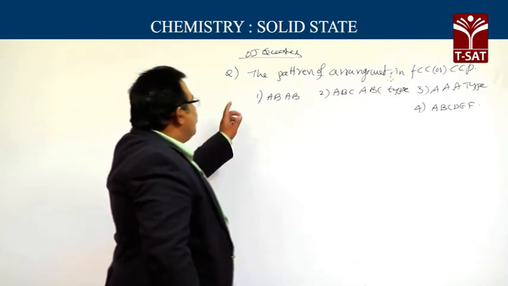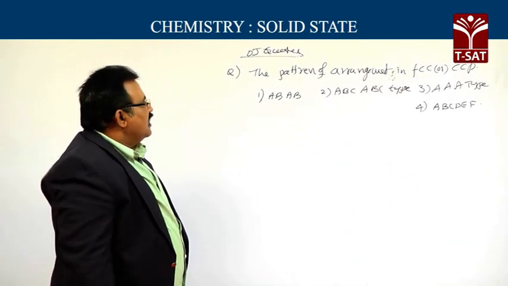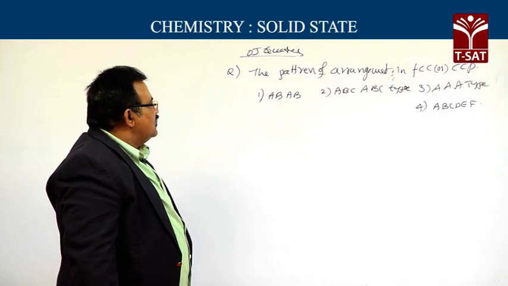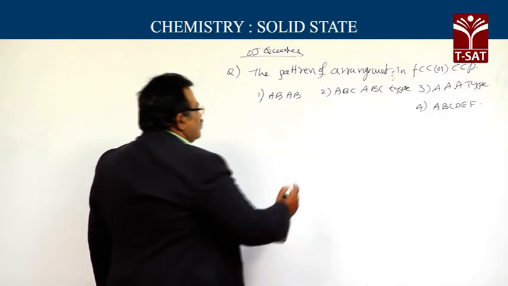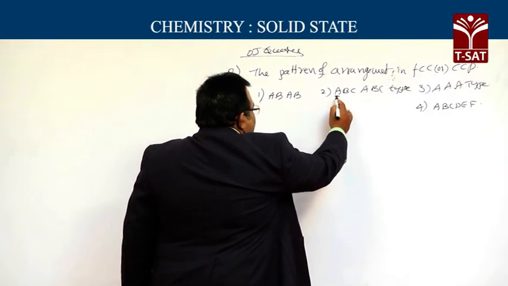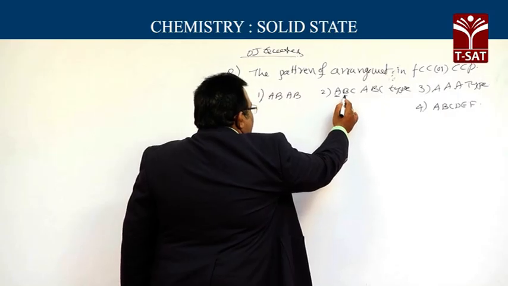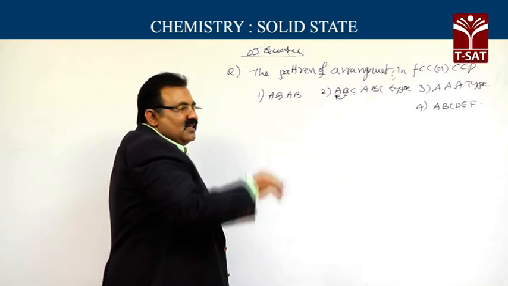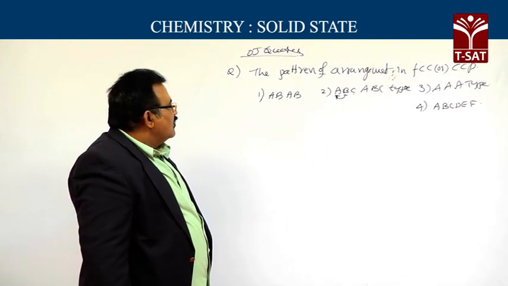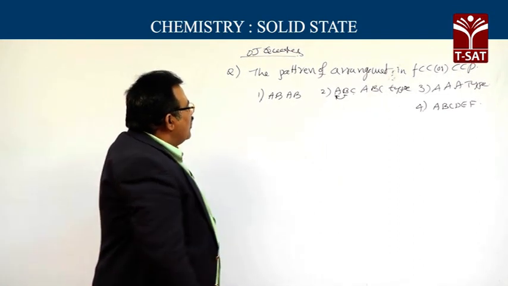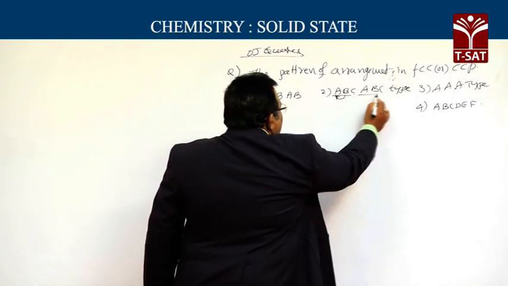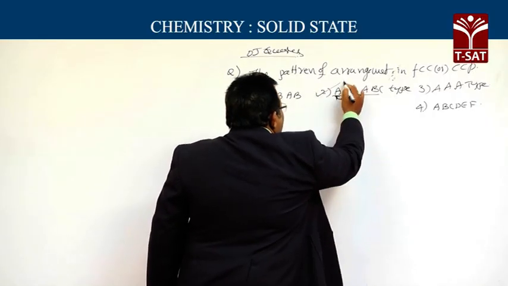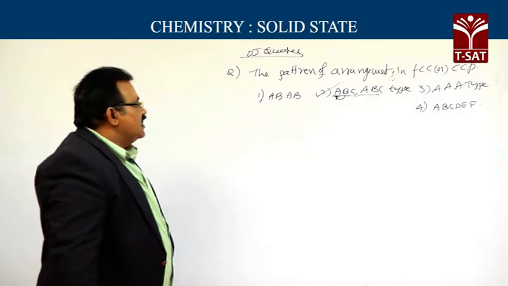Question is, the pattern of arrangement in FCC or CCP is, we know first layer, second layer will be in the depressions of first layer and third layer will be filling the octahedral void. So, ABC type of arrangement is present in FCC and CCP.